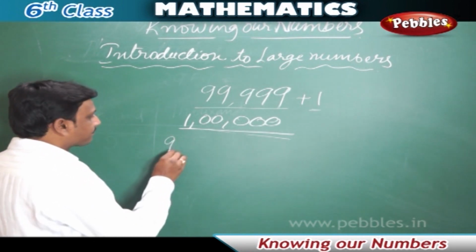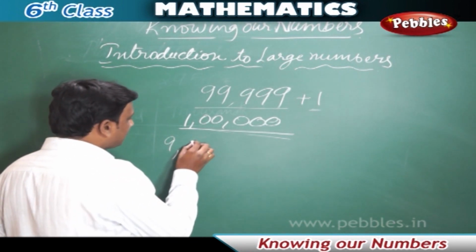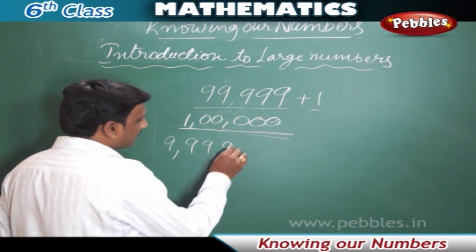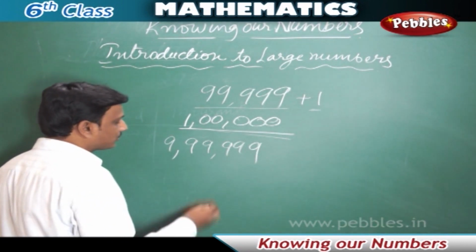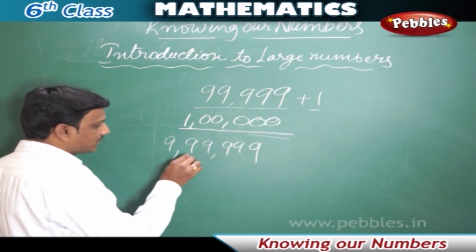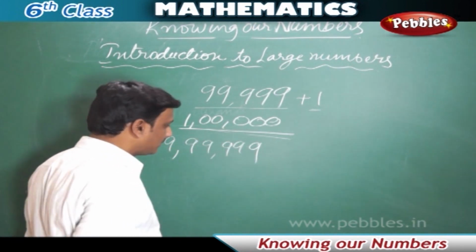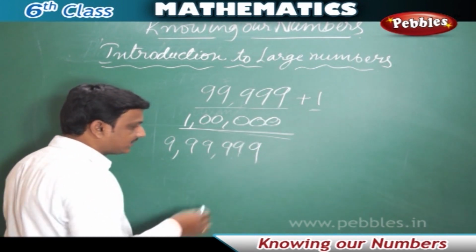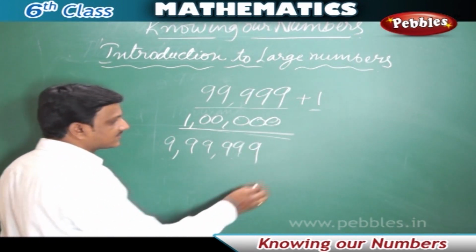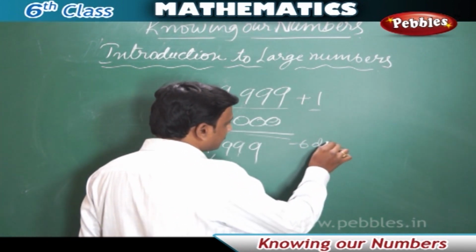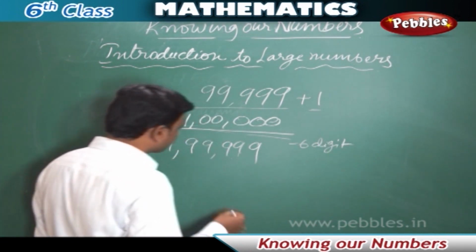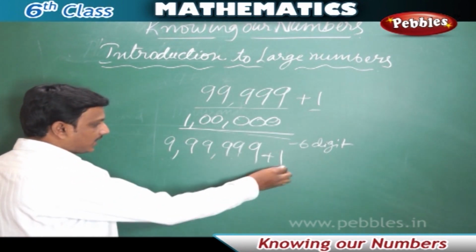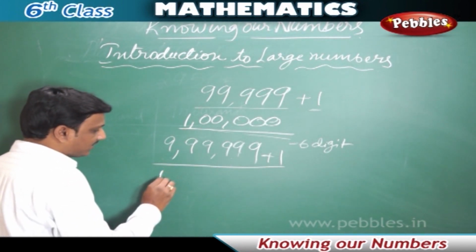In the same way, 9,99,999. What is the number of digits here? 1, 2, 3, 4, 5, 6. So 9,99,999 is the biggest 6-digit number. If we add 1, it becomes a 7-digit number.